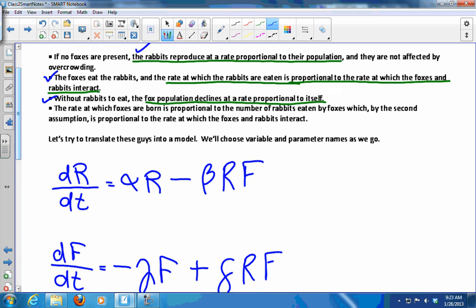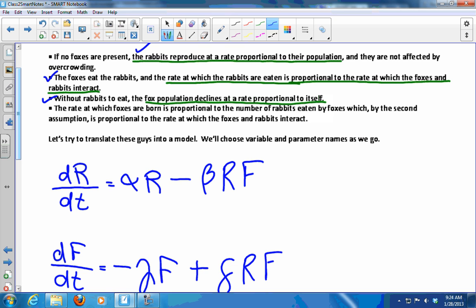So, sorry, that was assumption 3. Assumption 2, the foxes eat the rabbits, and the rate at which the rabbits are eaten is proportional to the rate at which the foxes and rabbits interact. So that's this term here. Rate at which the rabbits are eaten is proportional to their interaction. So we're using RF to model their interaction, and we have it being proportional.